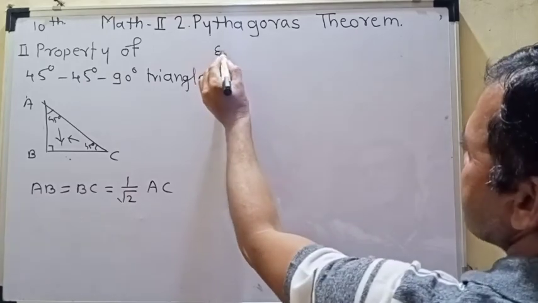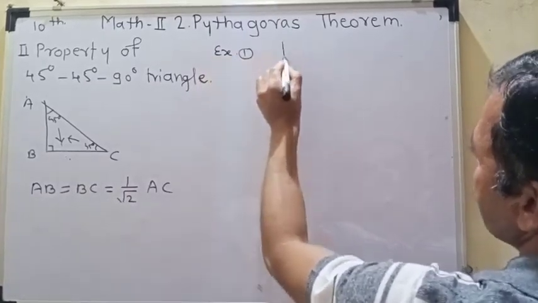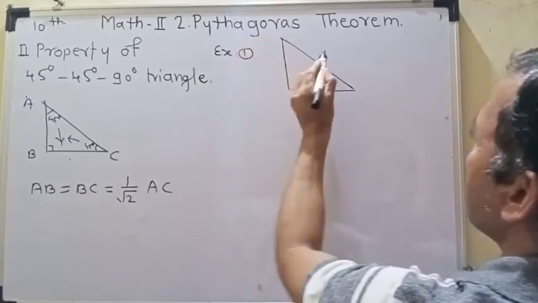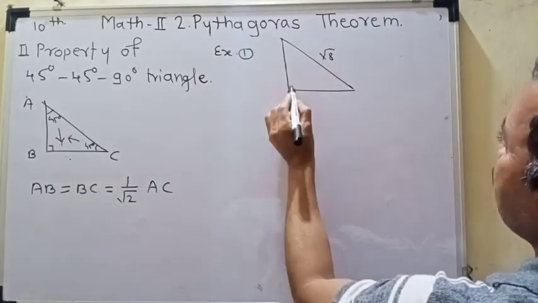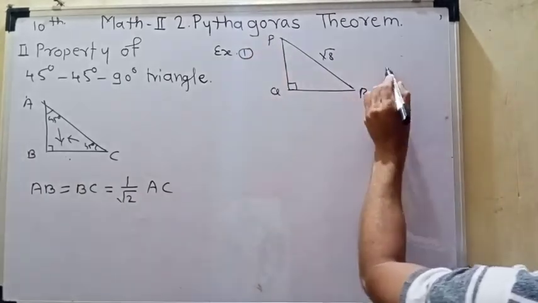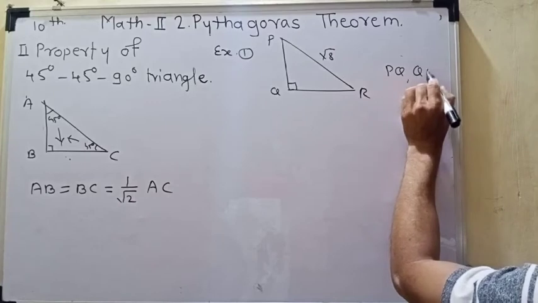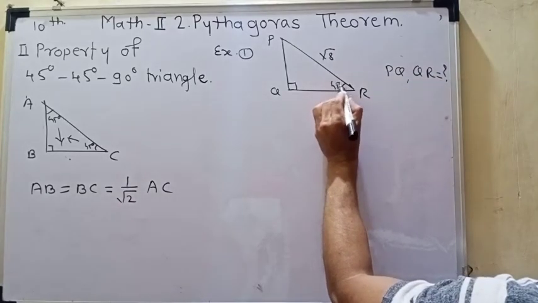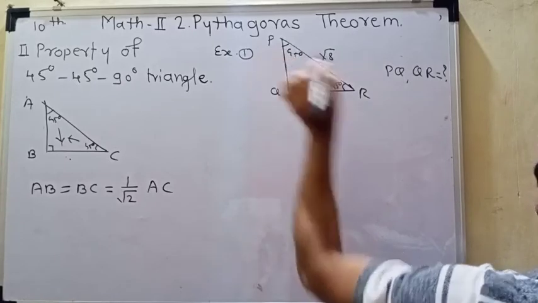Now let us see one example here. Suppose we are given that this hypotenuse is root 8 and this is a triangle PQR. We have to find PQ and QR here. And this is a 45 degree angle, and this is also 45 degree.